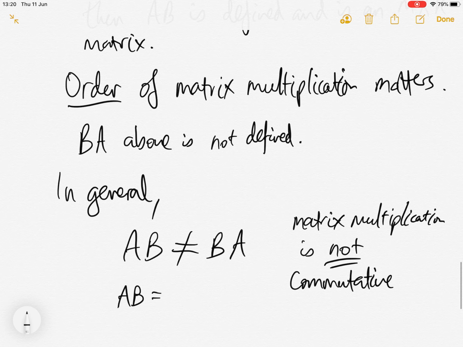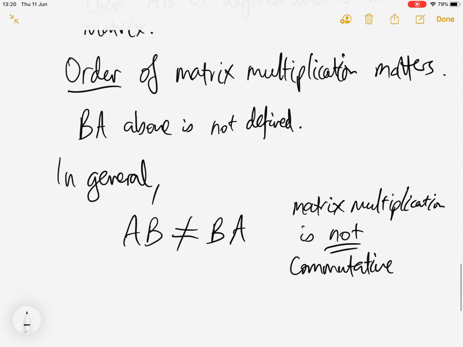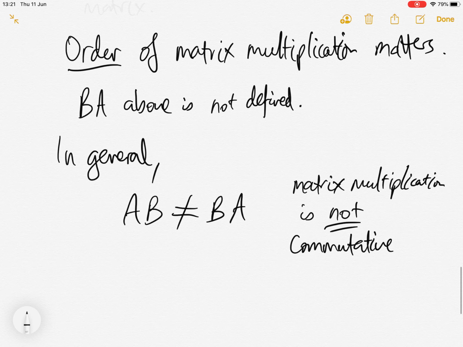It means that AB is BA. So addition of matrices, for example, is commutative because A plus B is the same as B plus A. So maybe we'll just make a note. In general, an operation star is commutative if A star B is the same as B star A.